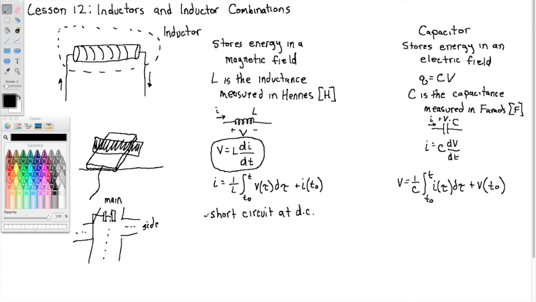Recall that DC means that the voltages and the currents are not changing. If the current through the inductor is not changing, then di dt is 0. 0 times anything gives you 0 volts. So what device has 0 volts across it? A short circuit. The capacitor, recall, was an open circuit.